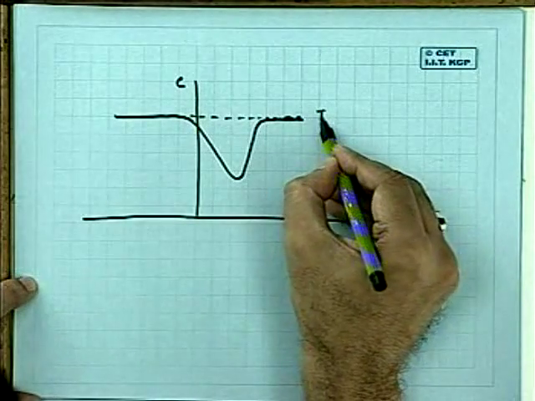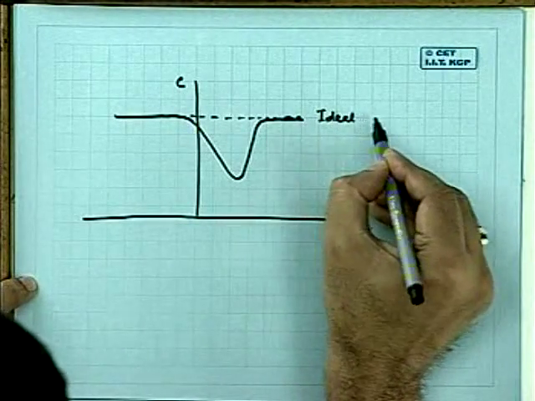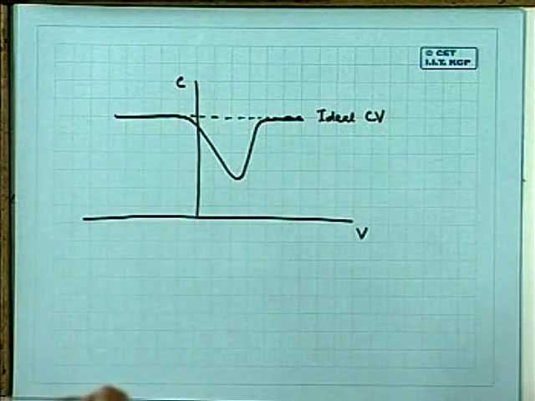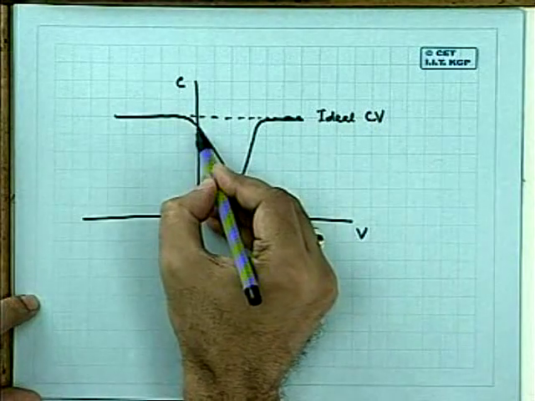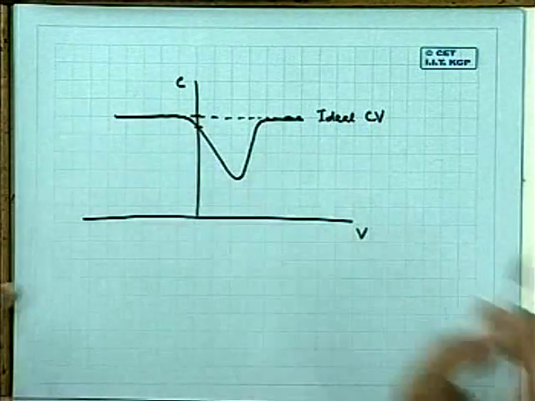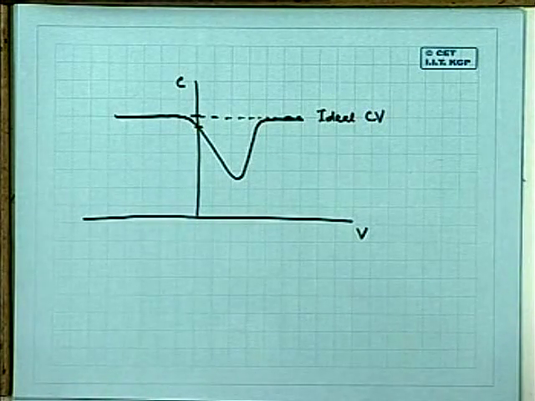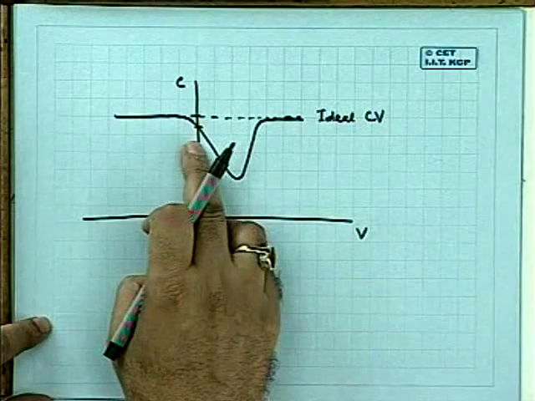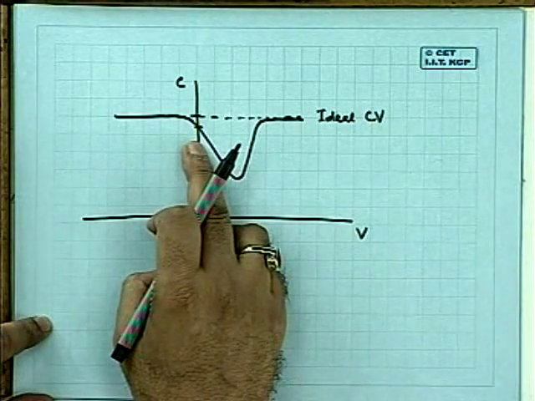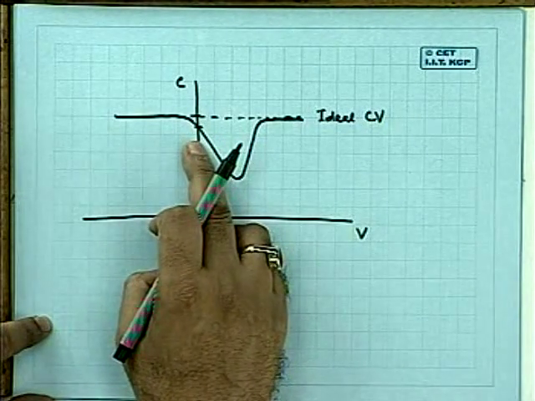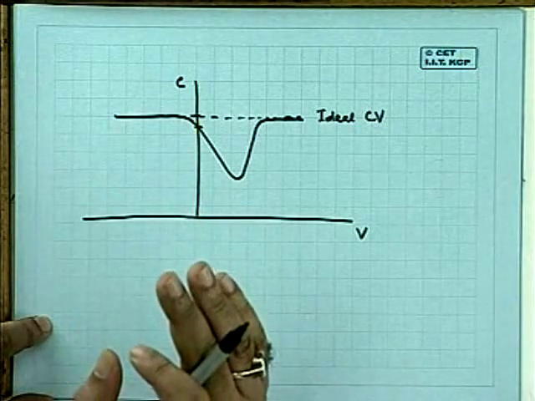This was CI and this was CFB. I'm not rewriting here. But this assumed the condition of flat band. So now the flat band has been introduced.